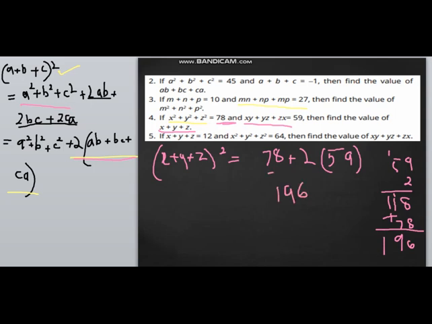This whole thing becomes 196. And since there is a square, we need to put a root on both sides.